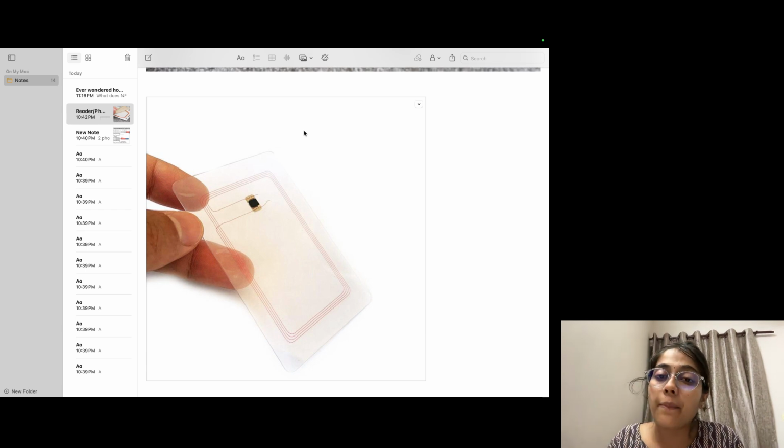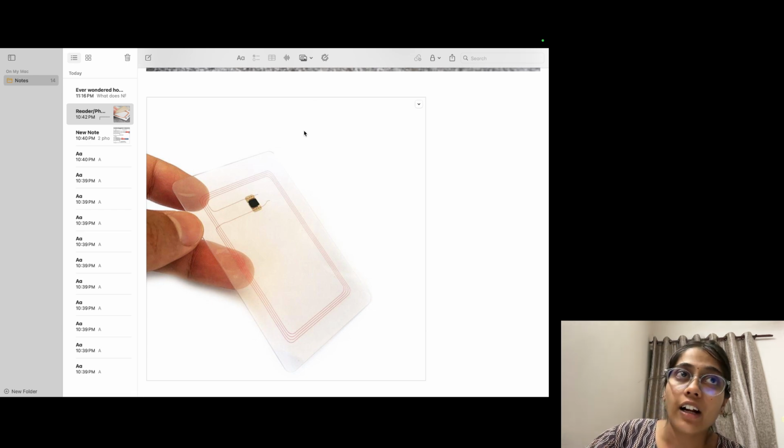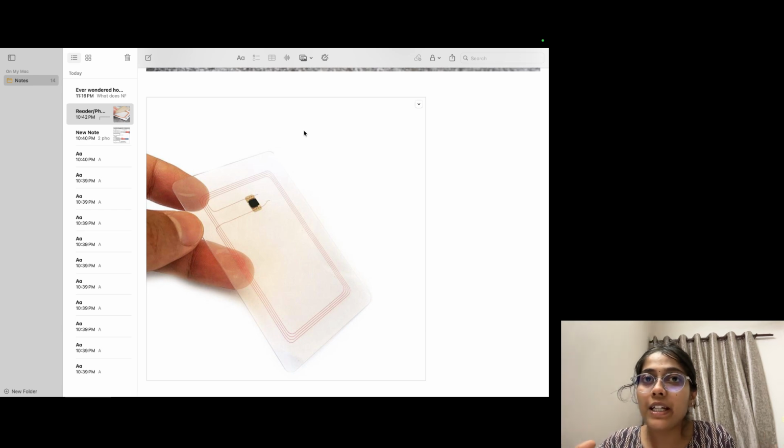Then the reader immediately detects that the ID card is not taking the magnetic field. It means it is 0. Whenever it is taking the magnetic field, that means it is 1.